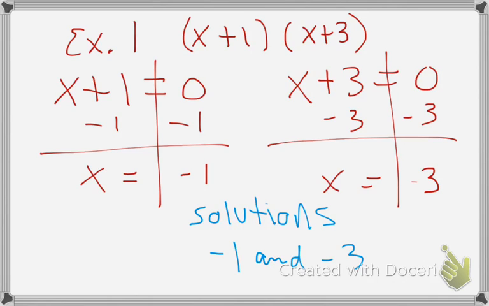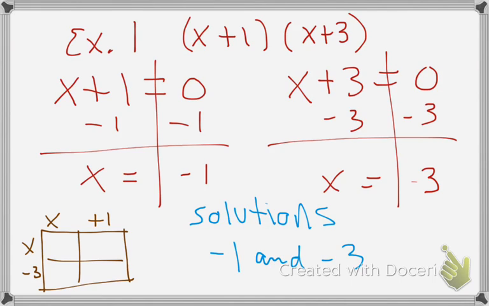So to find out what the quadratic would look like, if we have x plus 1 and we're multiplying it by x plus 3, what do we have in our first box? X squared, x, 3x, and 3.